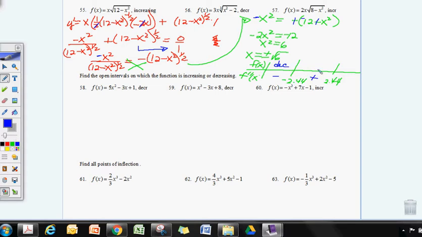When I plug in 0, it is positive, so it is increasing. And when I plug in 5, it is negative, it is decreasing, and this is f prime here. So the question asked, where is it increasing? It's increasing from negative 2.44 to positive 2.44.